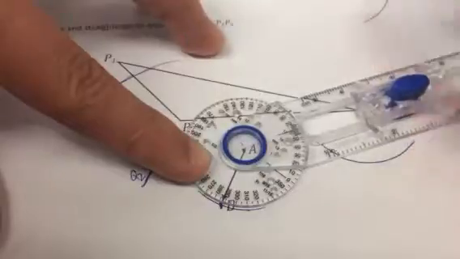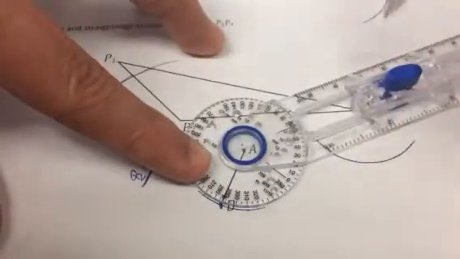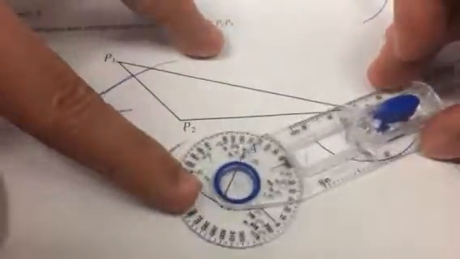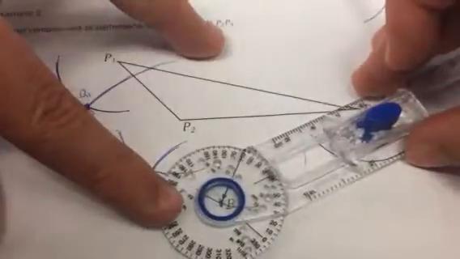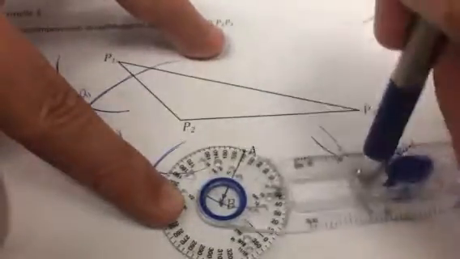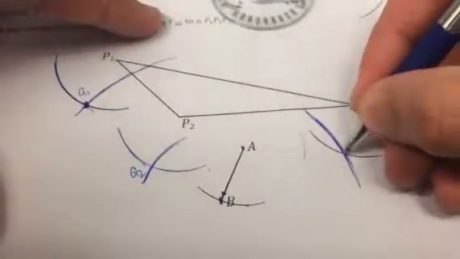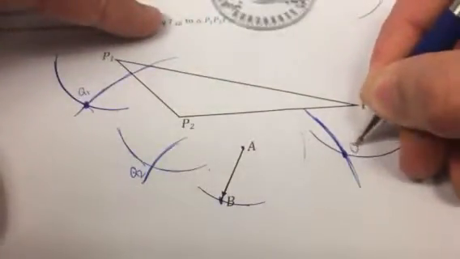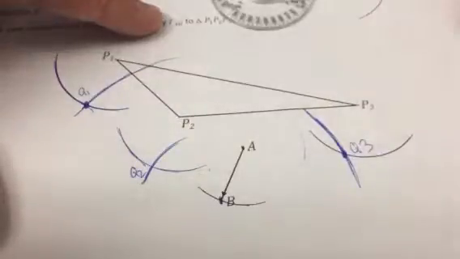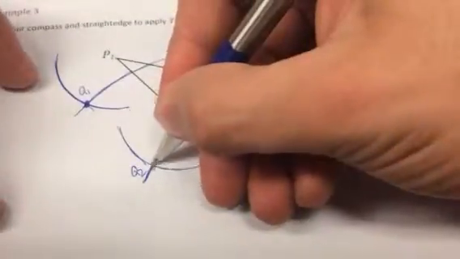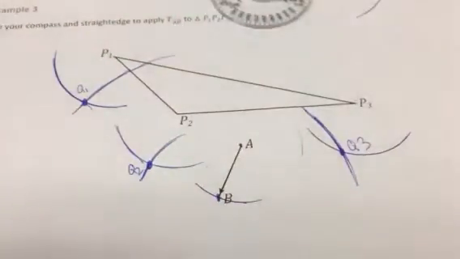All right. Now that you have the distance, place it on your B. And then that's where you draw your circle. So this right here is now my Q3. So I have my 3 points now.